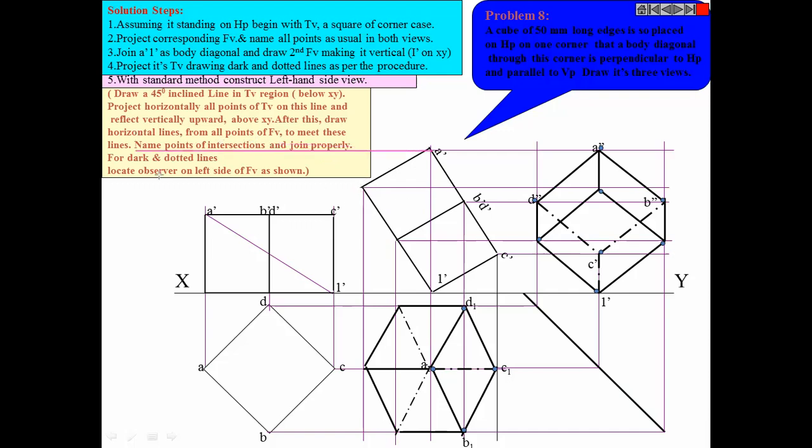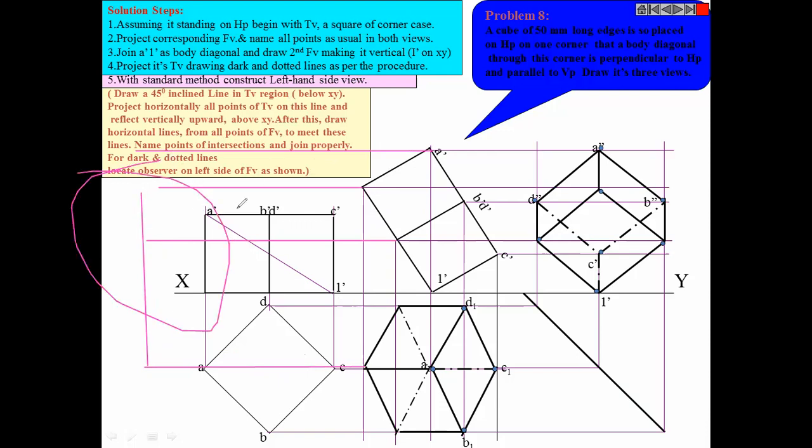So draw projections this way, and carry forward projections from here upward and draw it somewhere here. Got it? Then you can just clearly mention it: final left and right hand side view, final front view, top view, likewise. So in the exam, if some mistake like this happens, don't start rubbing everything. Think of an immediate solution. Okay?